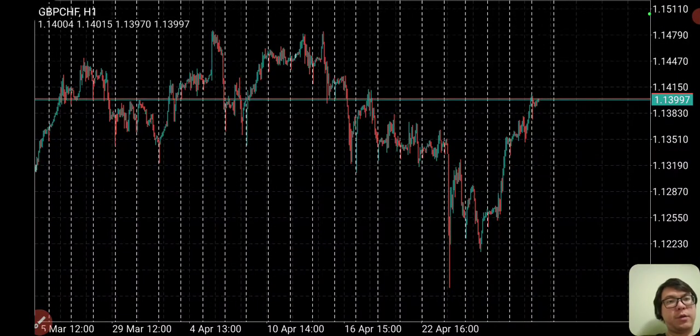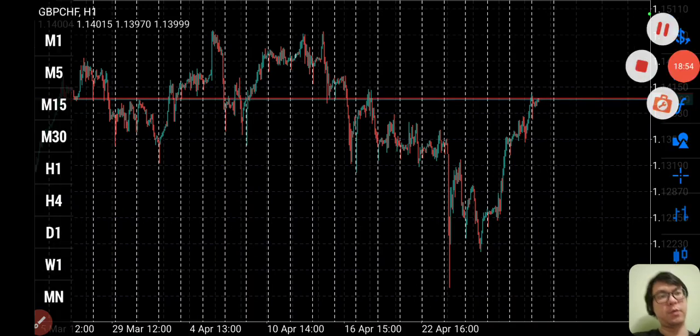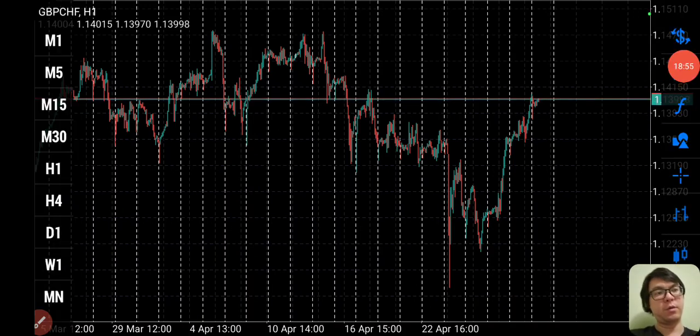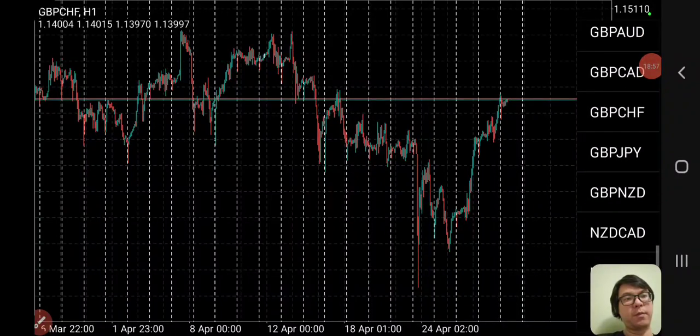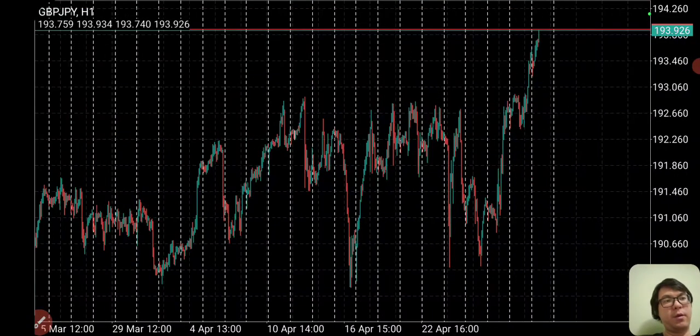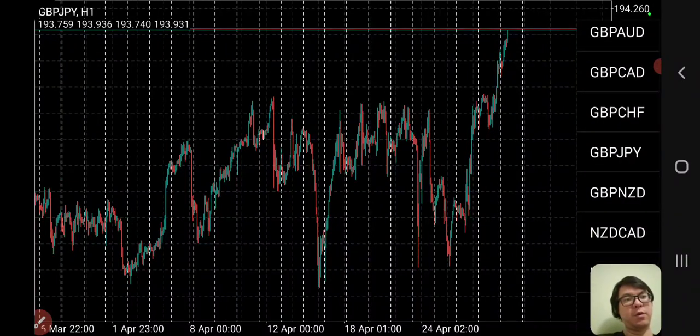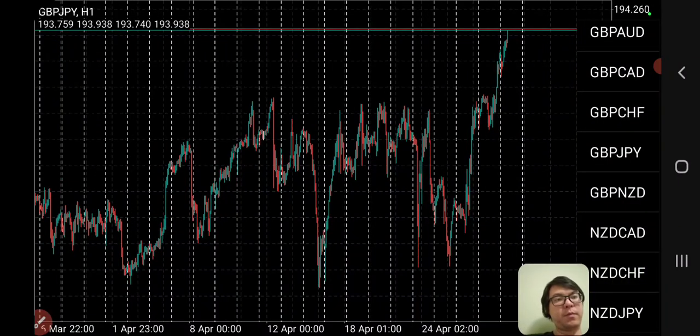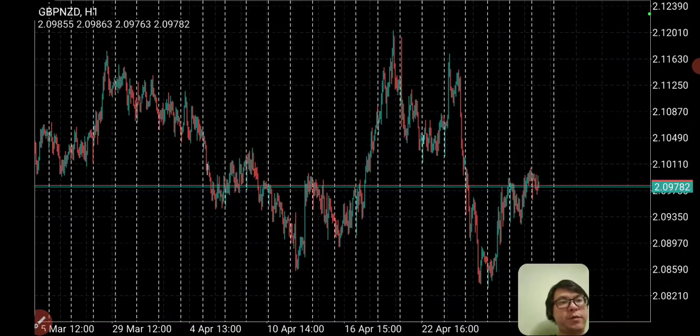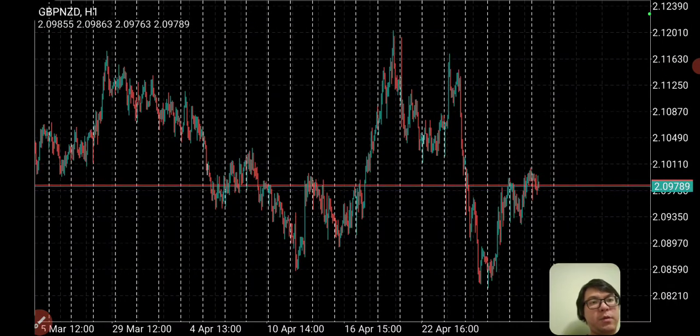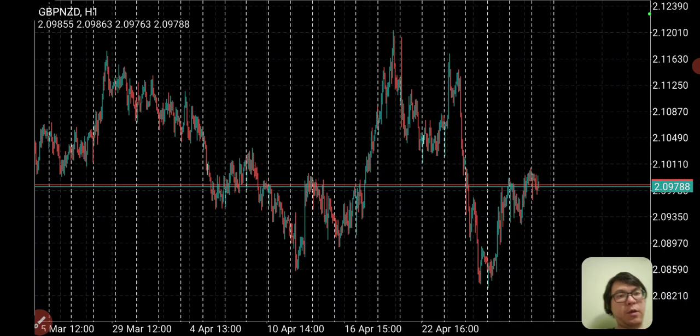Pound Swiss, similar situation, no trade. Pound yen shooting up, no trade. Pound New Zealand, this one, we don't see anything here.